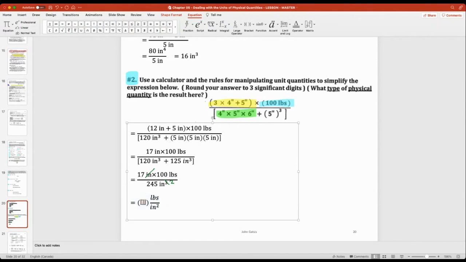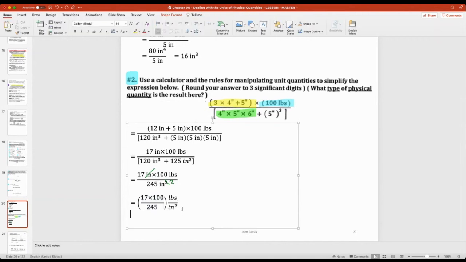So what's 17 times 100 divided by 245? What is 17 times 100 divided by 245? What do you get for that?